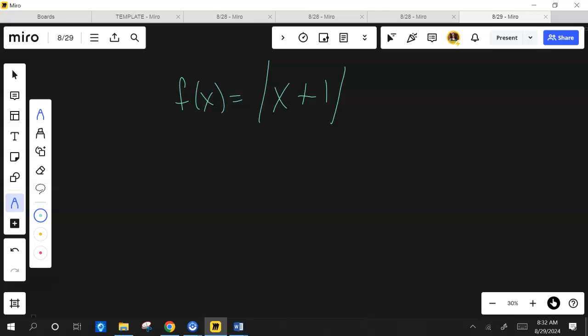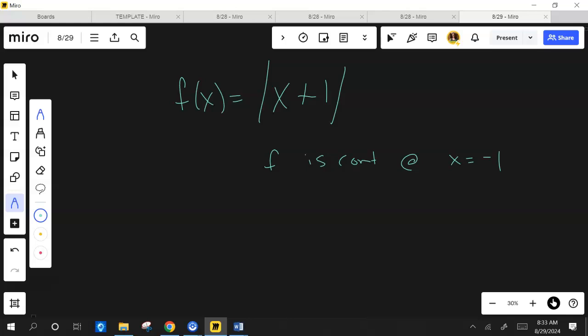All right, number 1. Let f of x equal the absolute value of x plus 1. Which of the following statements about f is or are true? So the first one says f is continuous at x equals -1. What's happening at x equals -1? Not true.